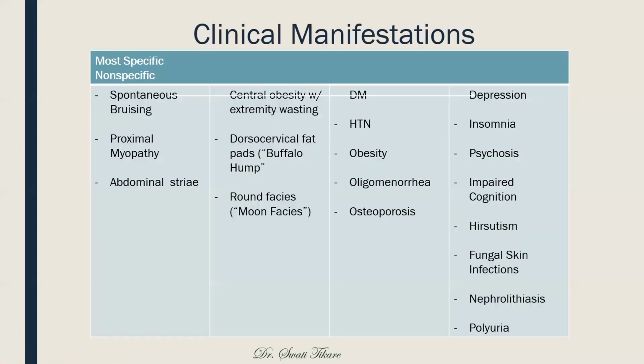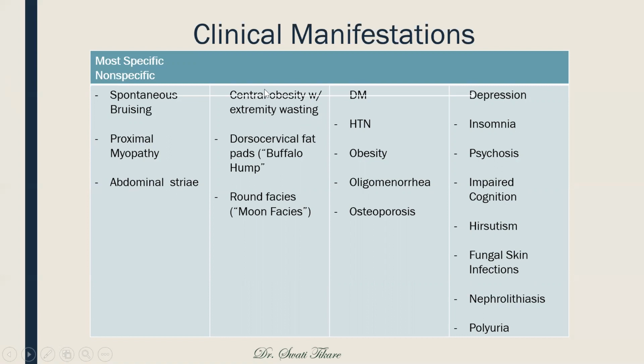There's proximal myopathy, because myopathy is a condition where there is muscle wasting, and hence the tone is not there, and the function is not there. There is weakness of the muscles basically. Okay, so that is the proximal myopathy due to the wasting of the muscles.